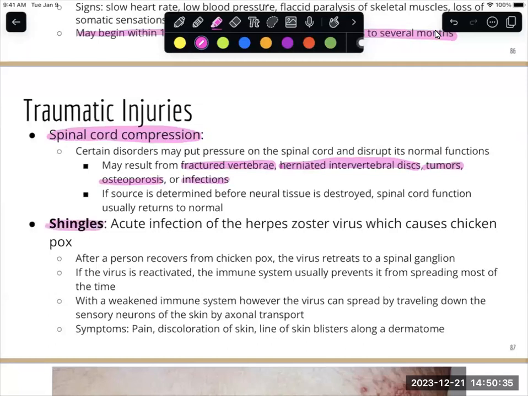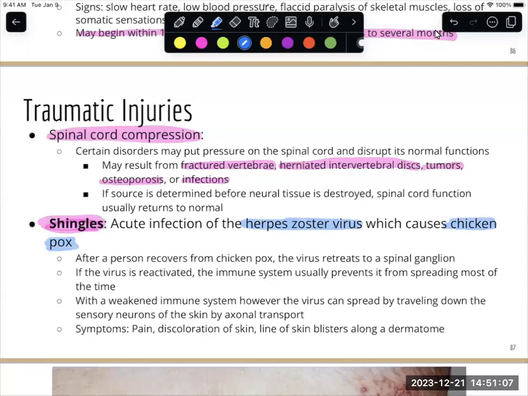Shingles. You younger generations should have all had the chickenpox vaccine. If you've had the chickenpox vaccine, you're pretty safe from shingles. Those of us who had chickenpox as a child, this is caused by the herpes zoster virus, and it's the same virus that causes chickenpox.